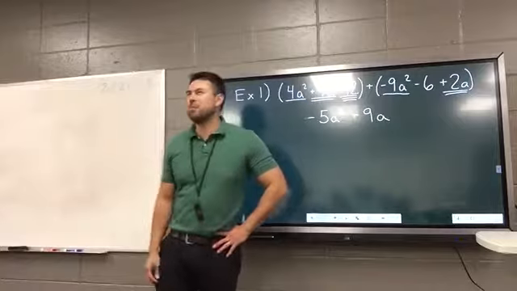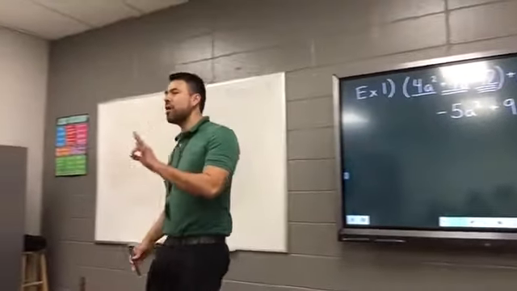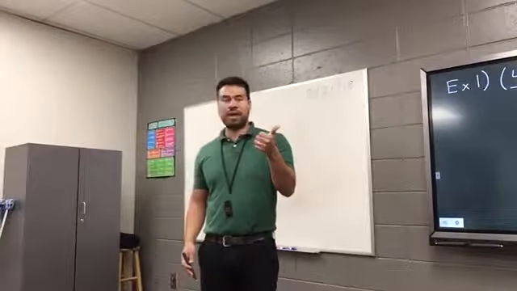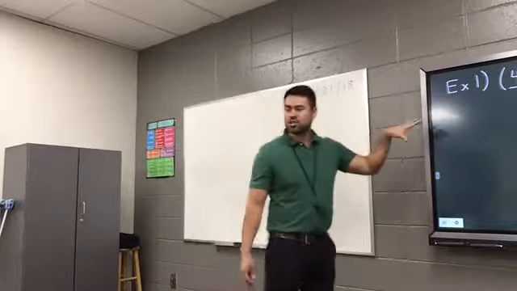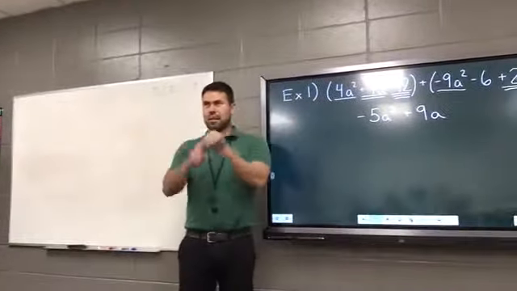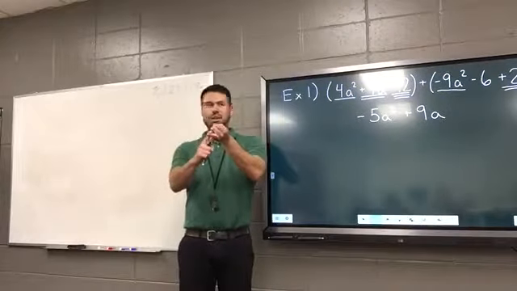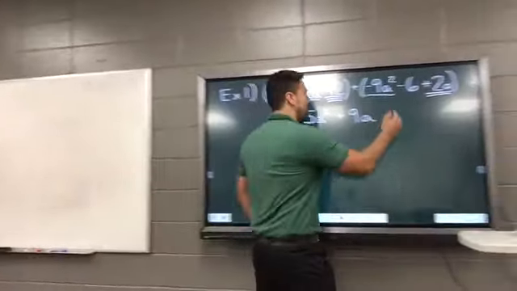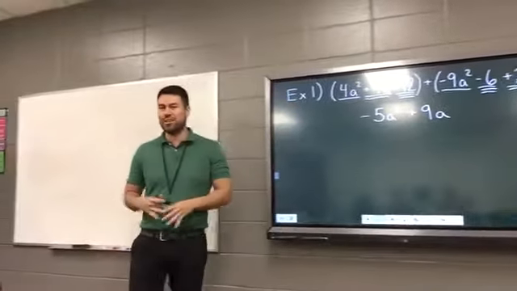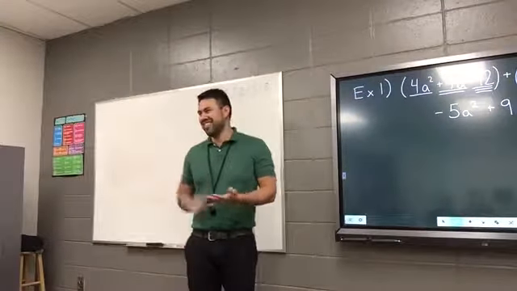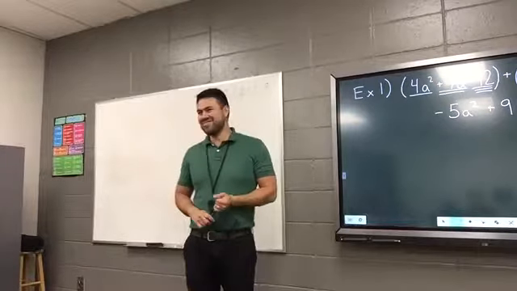Negative 12 doesn't have a variable and doesn't have an exponent, right? I thought that's where our definition of like terms is. Same variables, same exponents. How can negative 12 and negative 6 be like terms? They don't have a variable. It's 0x.